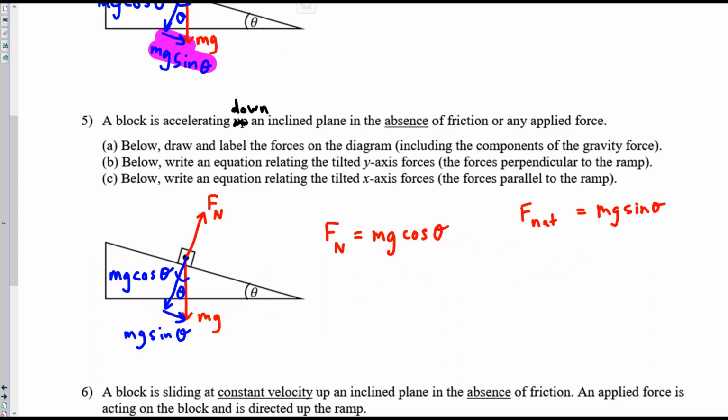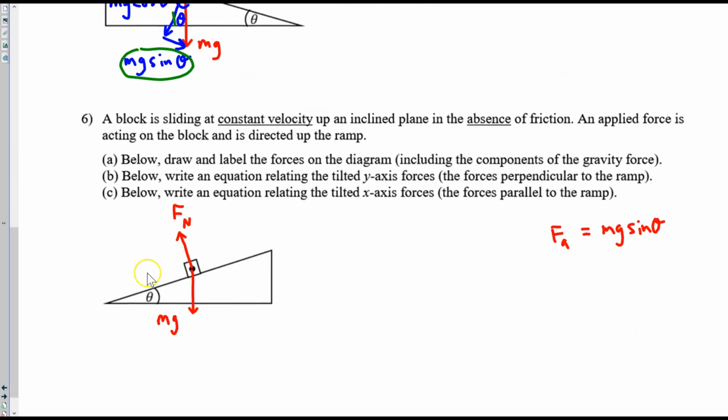So these forces cancel, these two. The cancellation station. On the x-axis, this is the only force that remains. There's no Fa, there's no Fk, so our net force is mg sine theta.